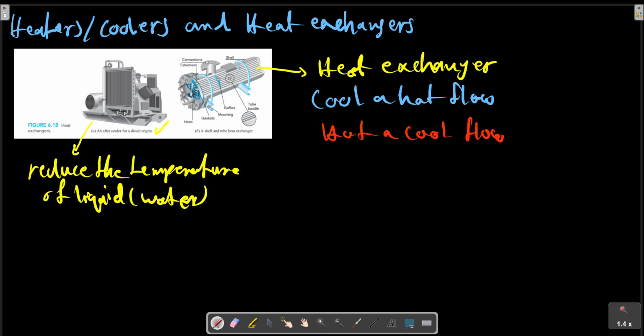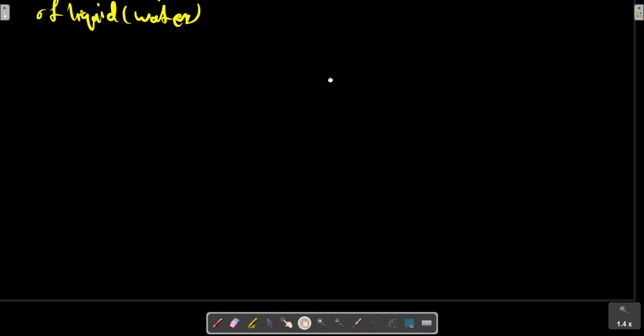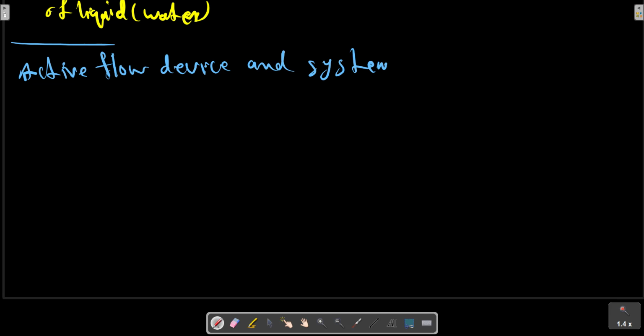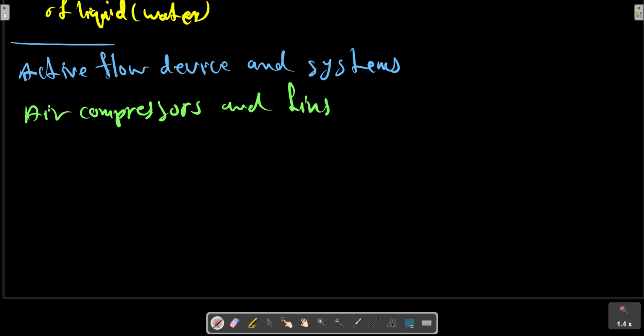We have two streams in the heat exchanger. Now, active flow devices and systems: an air compressor and fans are shown in this picture.